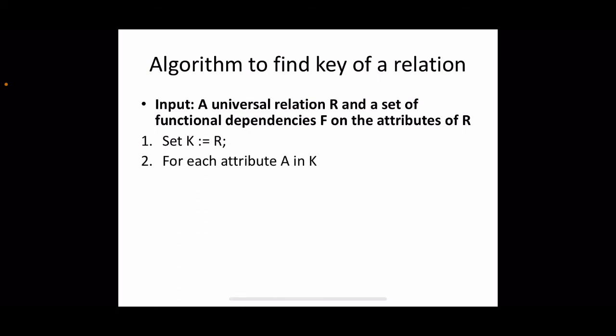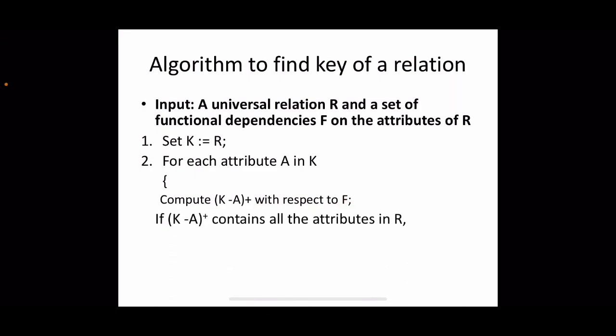So we will select each attribute A in K. For a particular attribute A in K, we will check whether we can remove that attribute from this key set. So K minus A closure will be computed, that is, the entire set minus the selected attribute, with respect to the set of functional dependencies F.